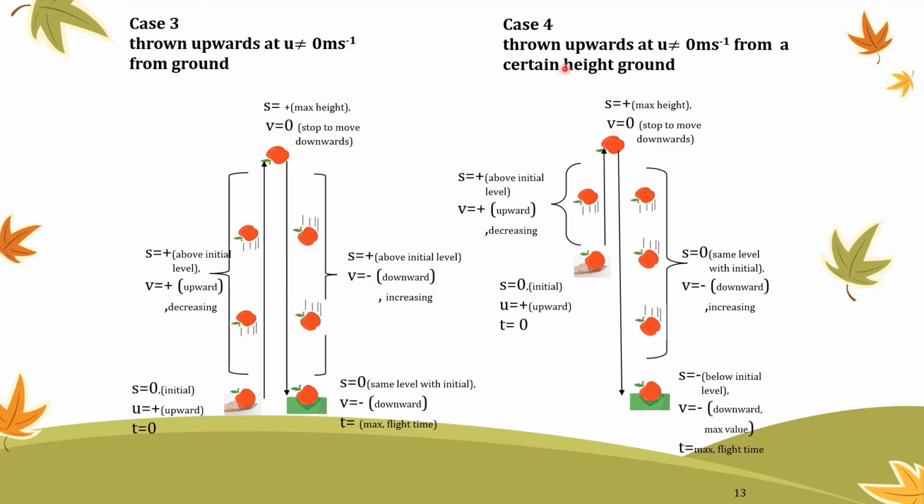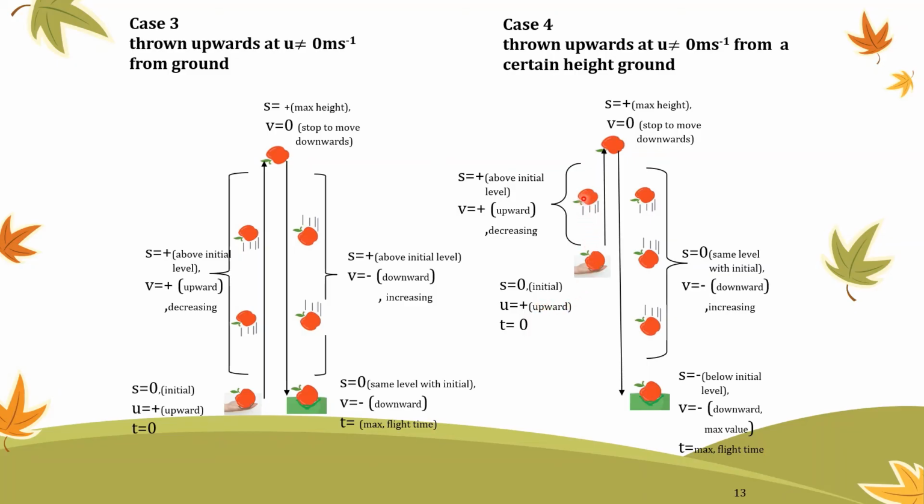For case 4, an apple is thrown upward at u not equal to 0 meters per second from a certain height above the ground. Therefore, at the initial point, our s is equal to 0. u is a positive value because we throw it upwards.